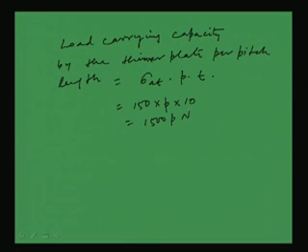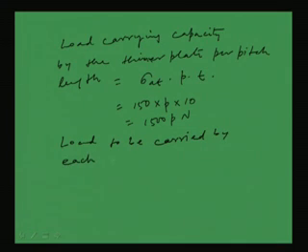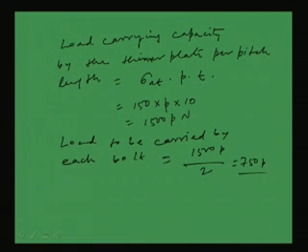Now the load to be carried by each bolt will be half of this, because we have a doubly bolted lap joint. So 1500 P by 2, that is 750 P, again in Newton.